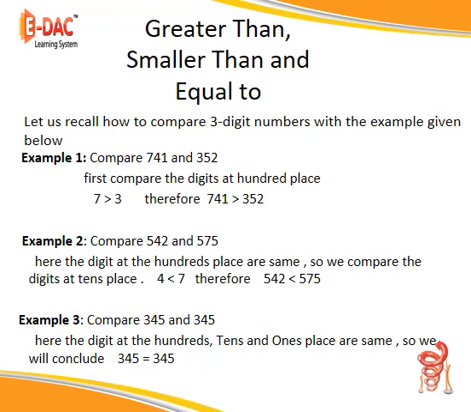Let's take another example. We want to compare 542 and 575. Here we see the digits at the hundreds place are the same. So we compare the digits at the tens place. In the tens place, the number 4 is less than the other number's tens place digit, which is 7.